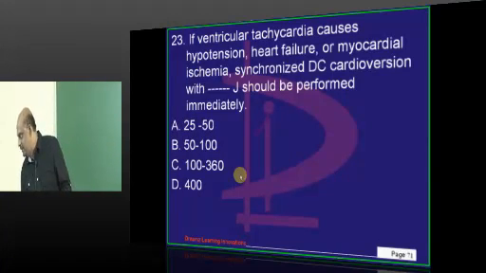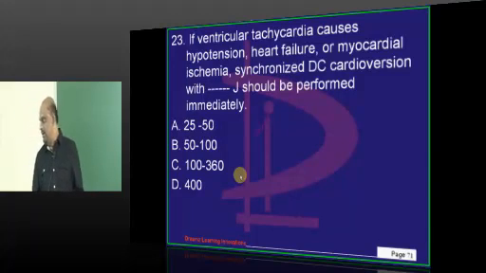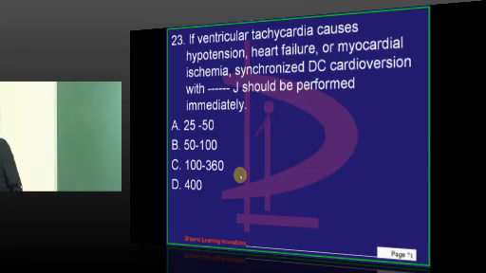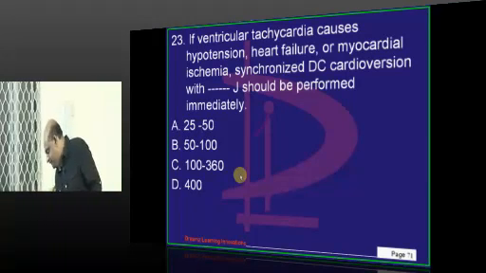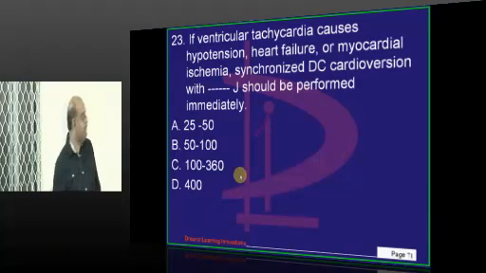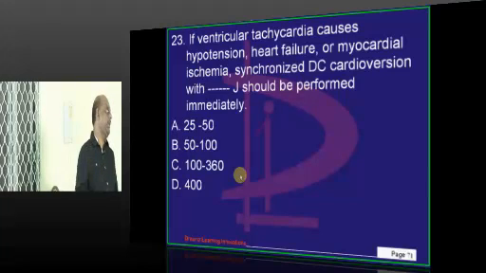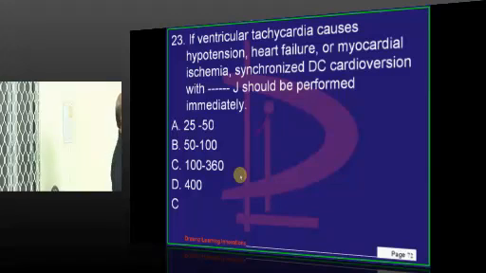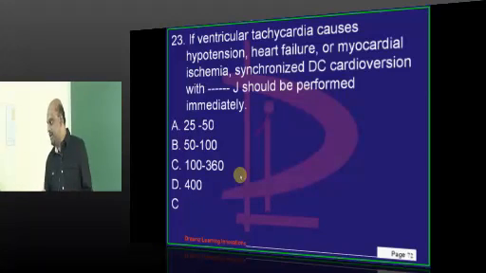What is your answer? Jasmeet and others, I think they have left for the day. I am not finding answers from them. Fahima proposes 400. 400 is very big. Heart will burst open. 100 to 360 joules, doctor, is the typical energy in case of VT.